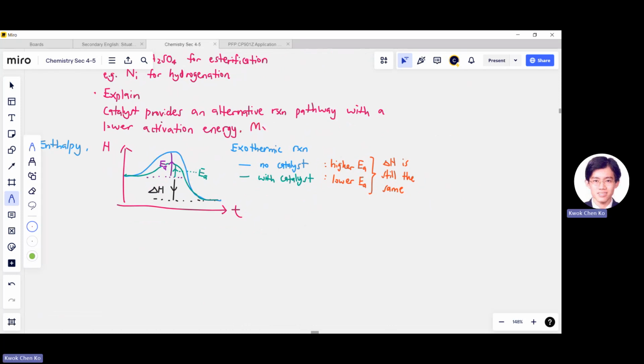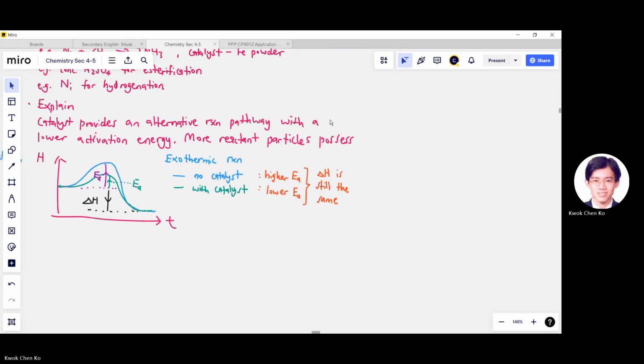So, the particles: because now you don't need that much energy to overcome the activation energy, more of them will have sufficient energy to react. It's as simple as that.